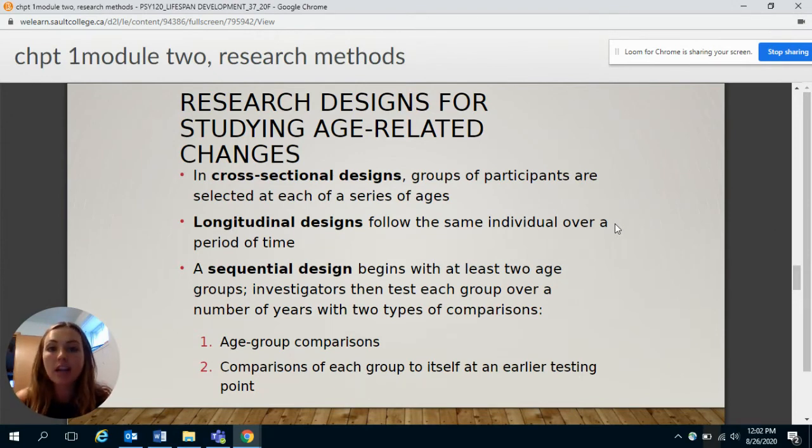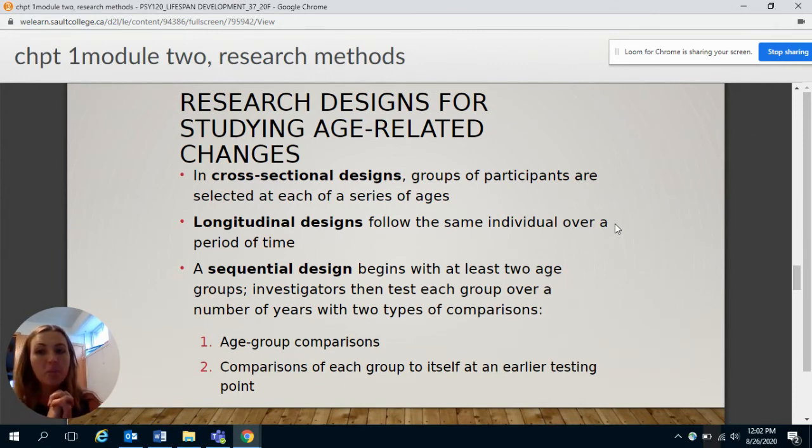So a cross-sectional study would say we're going to look at how COVID-19 is influencing mental health across the age spectrum. You might look at early childhood, so they might have young children in the study, seeing how COVID-19 is influencing a child's mental health.